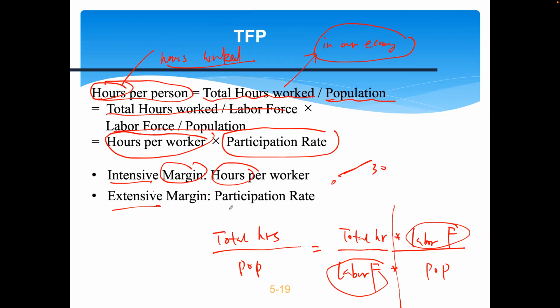Extensive margin is you decide whether you work or not, whether you're in the labor force or not. This is a discrete choice. So this is what we call intensive versus extensive margin.